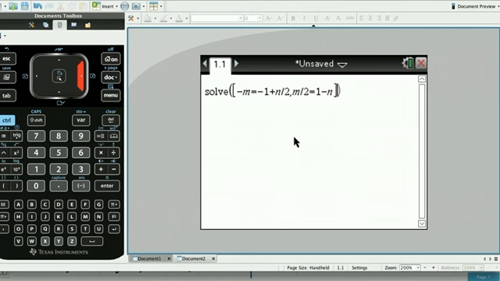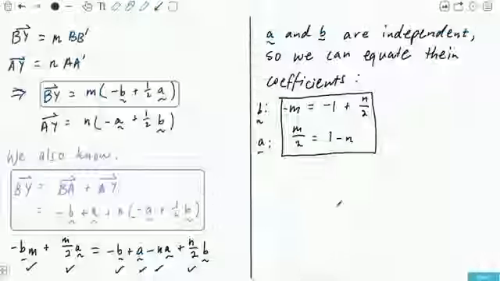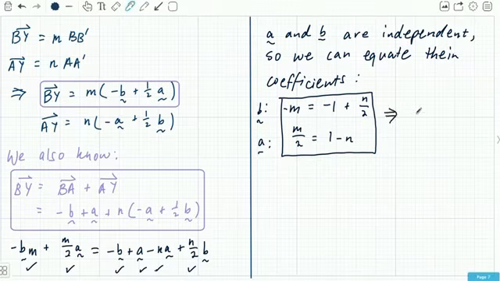And we have to solve this system for n and for m. So if we push solve, you can see we've got 2/3 is the solution for n and for m, and that's really nice because that's going to work out really well here for what we wanted. So m equals 2/3 and n equals 2/3.